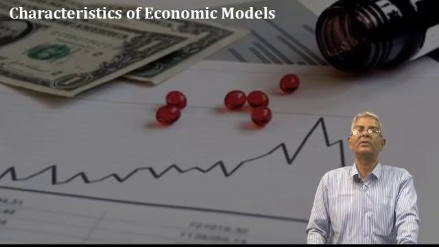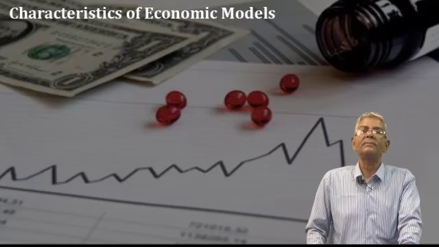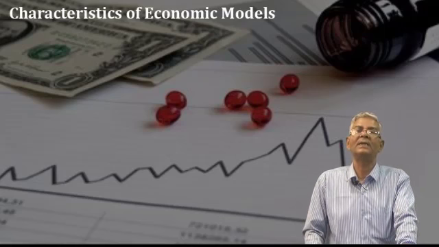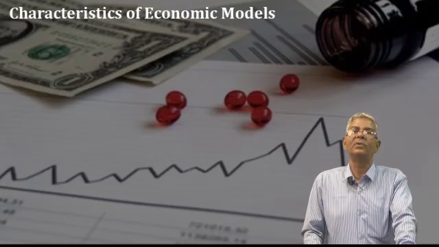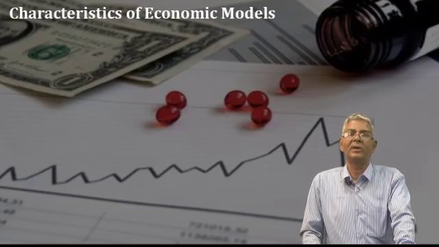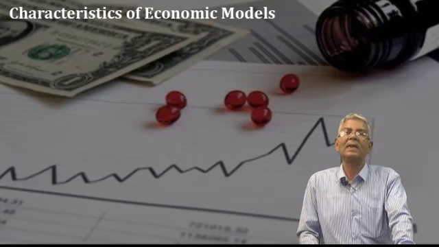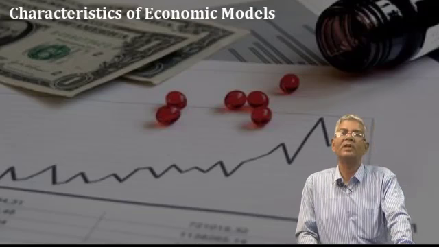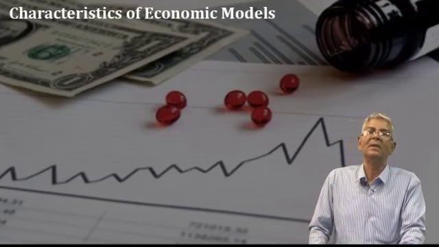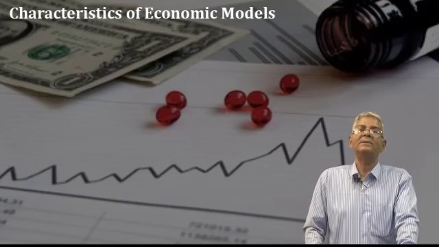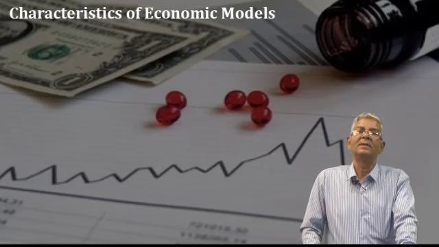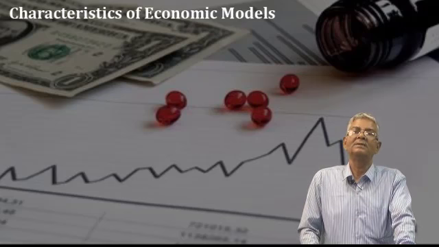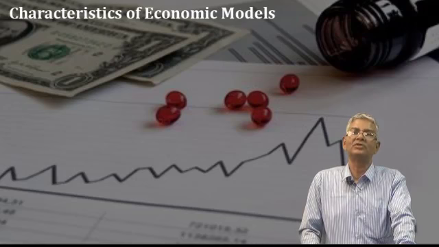Microeconomics was introduced by Professor Alfred Marshall in 1893. He published his great book, Principles of Economics. Marshall was the professor of economics at Cambridge University, where another prominent figure, John Maynard Keynes, was his student.